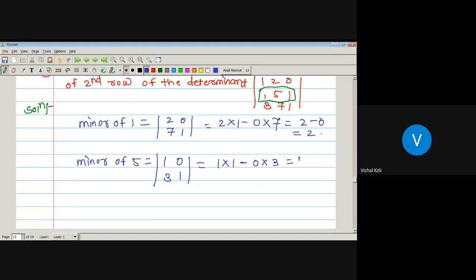So 1 into 1 is 1 minus 0, which is equal to 1. Now minor of 1 is equal to, suppress the row and column corresponding to that element, we get 1 2, 3 7.